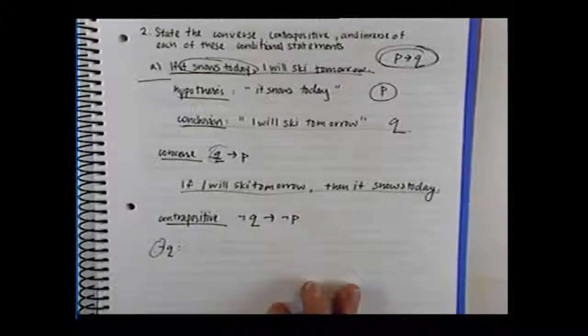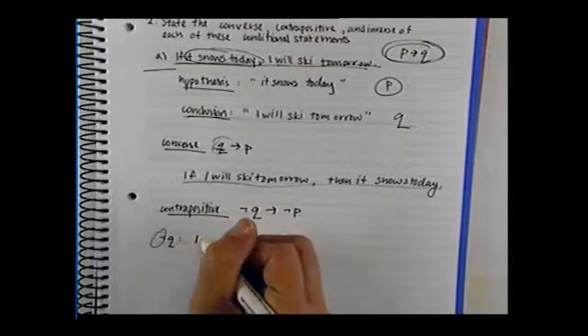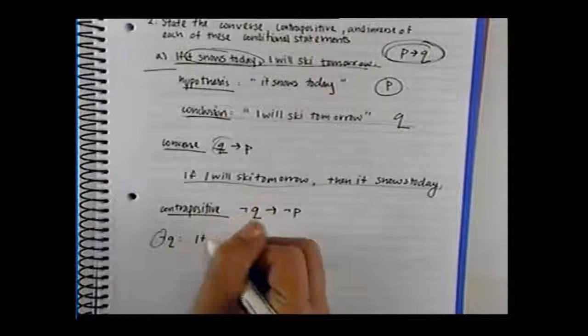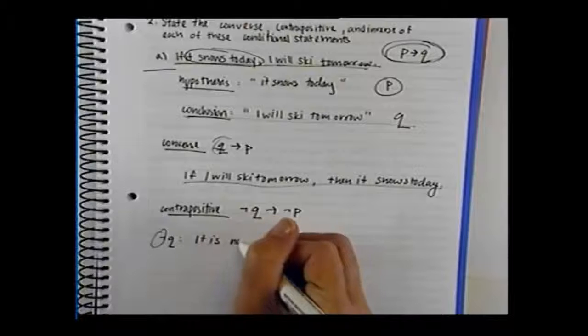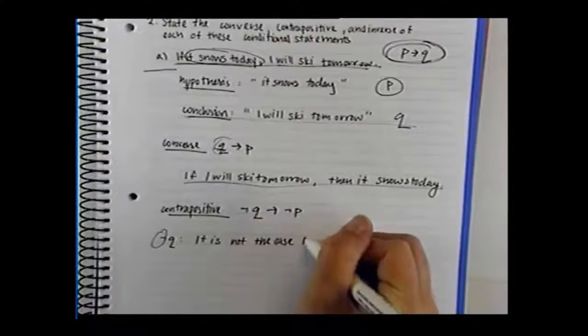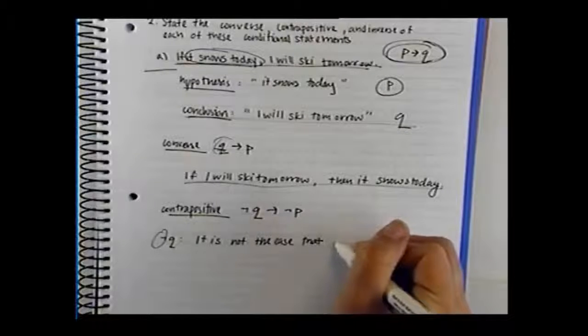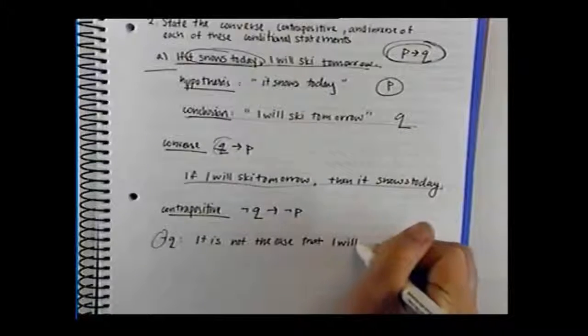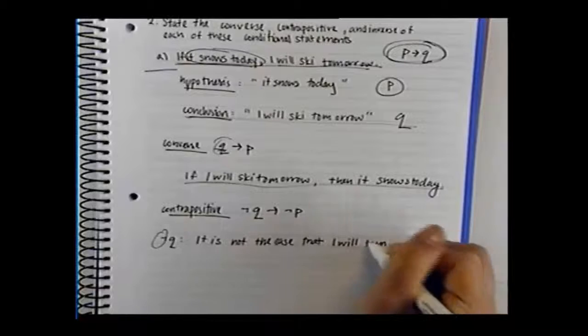I'm going to start just by thinking about it in that way, and then trying to manipulate it and make it sound a little bit more clean and a little bit easier to interpret. So I'm just going to write, it is not the case that I will ski tomorrow.